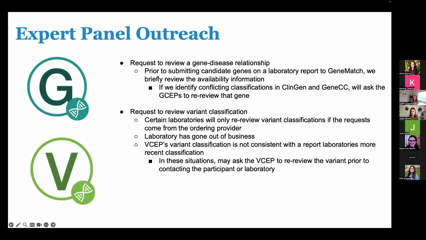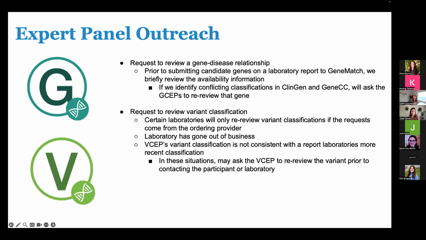And if we see any conflicting classification, say between ClinGen's classification and GenCC's classification, we will ask the GCEP to re-review that gene to see should we still submit this to GeneMatcher, or is there actually a gene-disease relationship update that we can perhaps provide back to the participants.